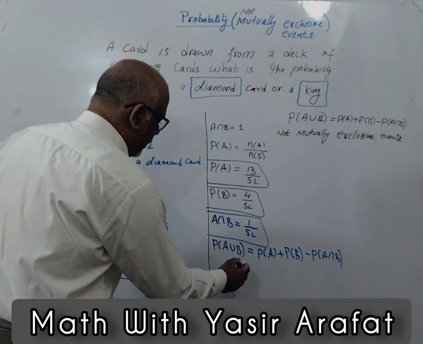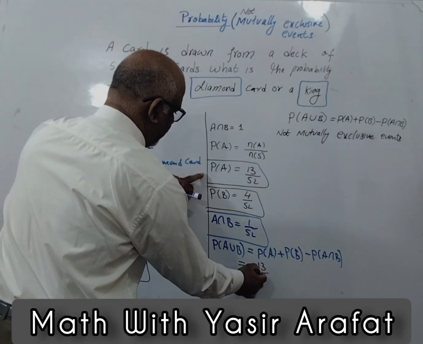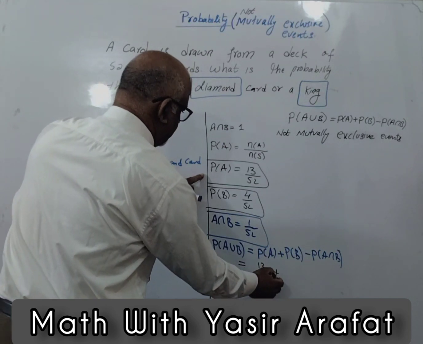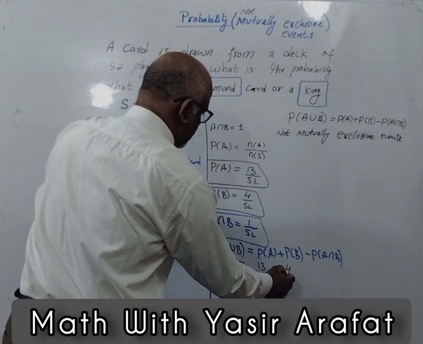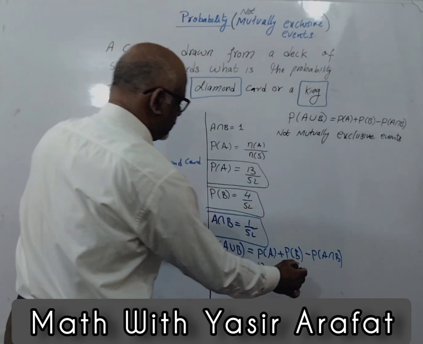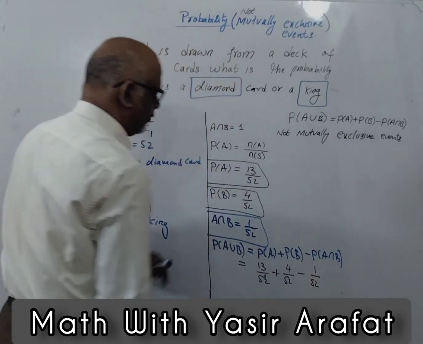So here the P of A is 13 over 52. P of B is 4 over 52 and minus P of A intersection B is 1 over 52.